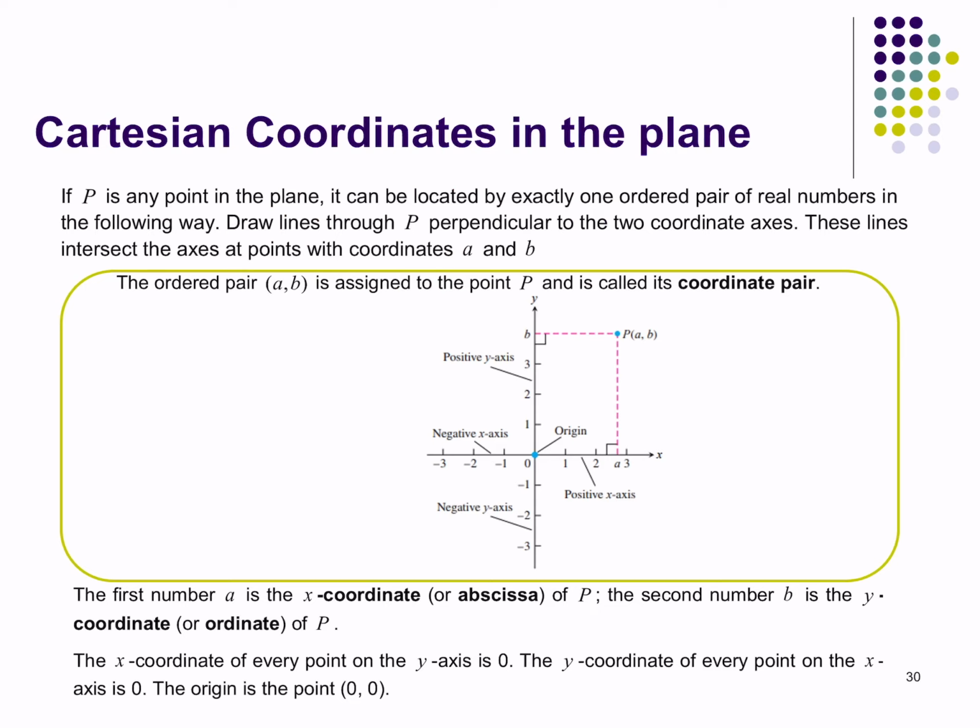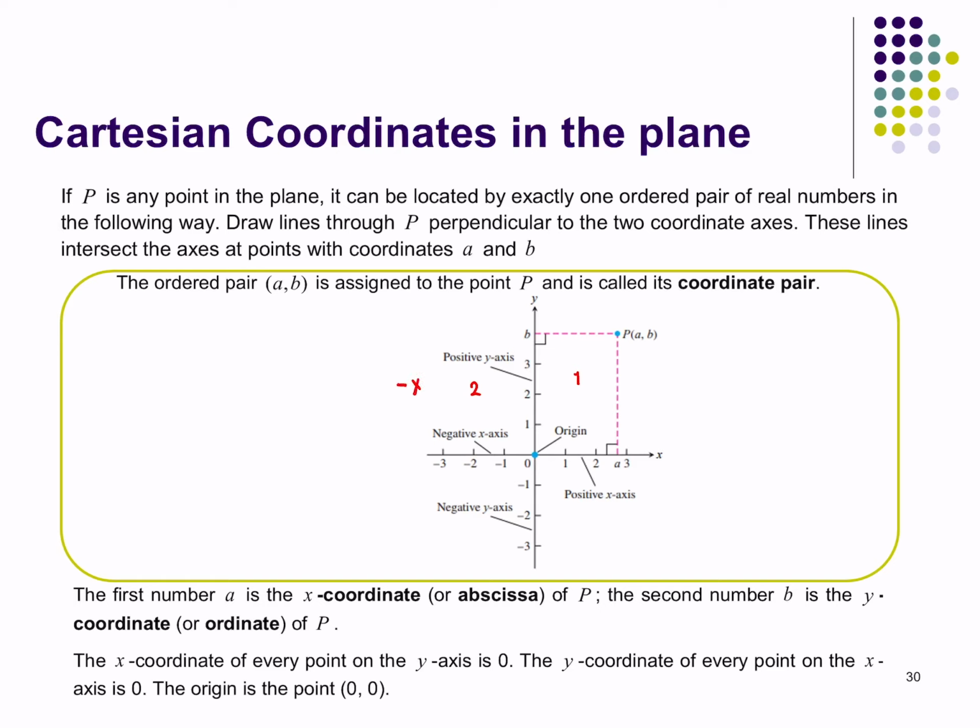Normally we can divide the coordinate plane into 4 sections or 4 regions. The first region is located along the positive x and the positive y, whereas the second region lies on the left-hand side of the x-axis, which is negative x, and along the positive y.